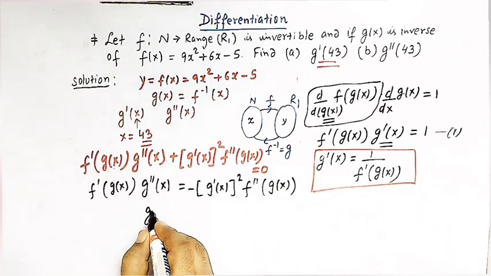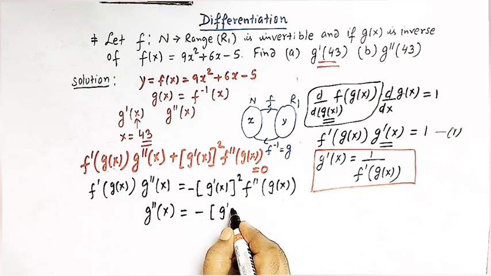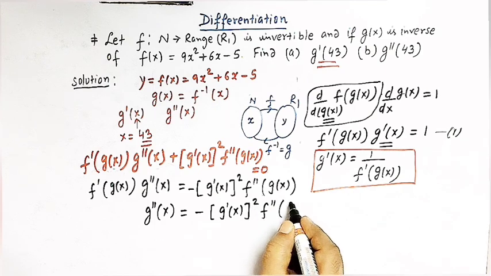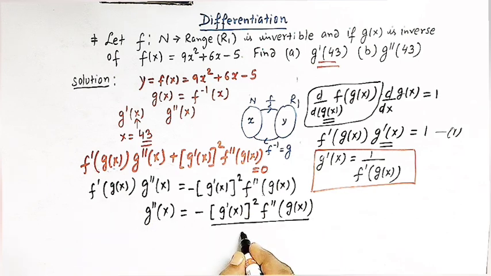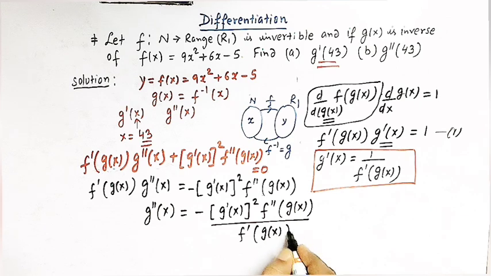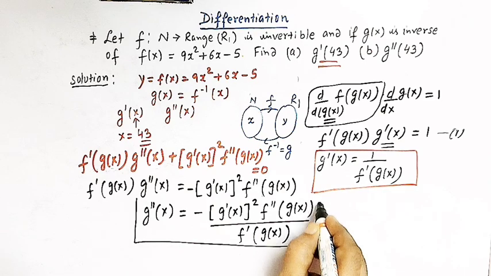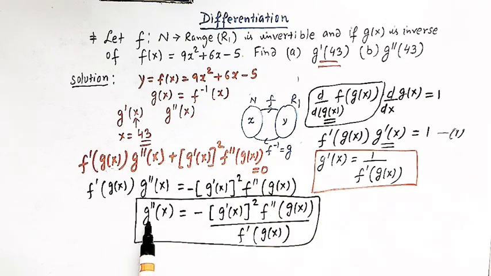So now we can write g double prime of x is equal to minus g prime of x squared f double prime of g of x divided by f prime of g of x. So this is the expression for the second derivative of g of x, where g of x is the inverse of the given function f of x.